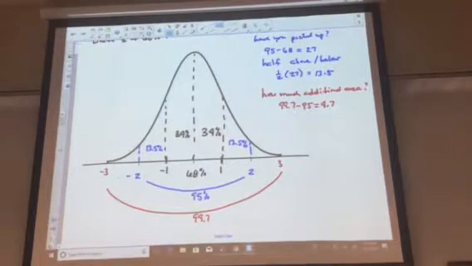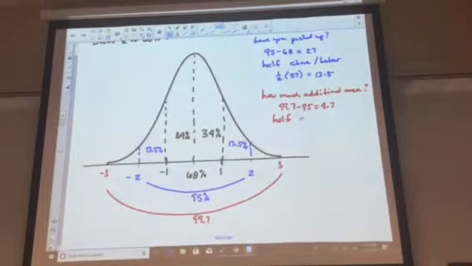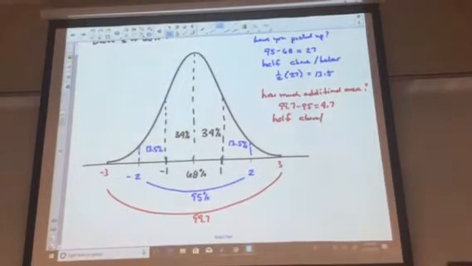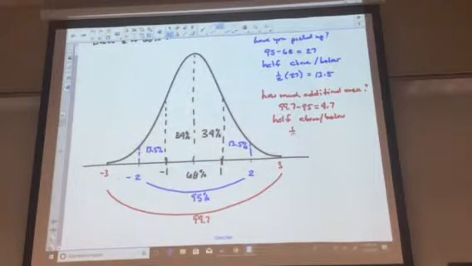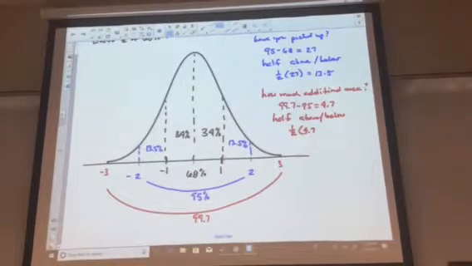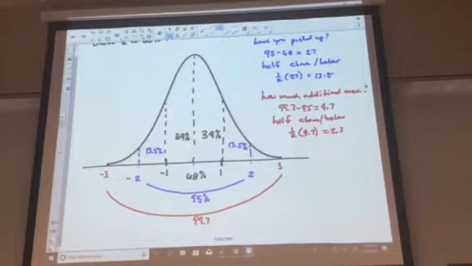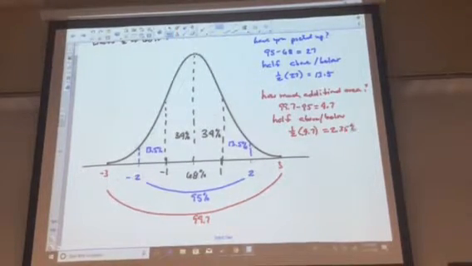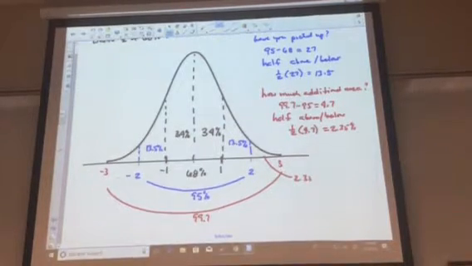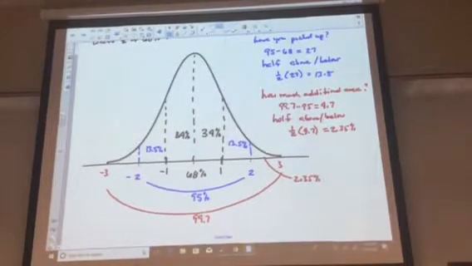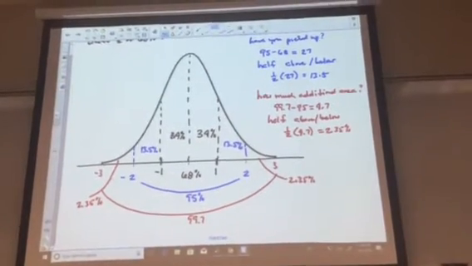Is that all above or all below? Or is it half above and half below? So half of 4.7 gives you 2.35%. In this section, we have 2.35%, and in this section, we have 2.35%.